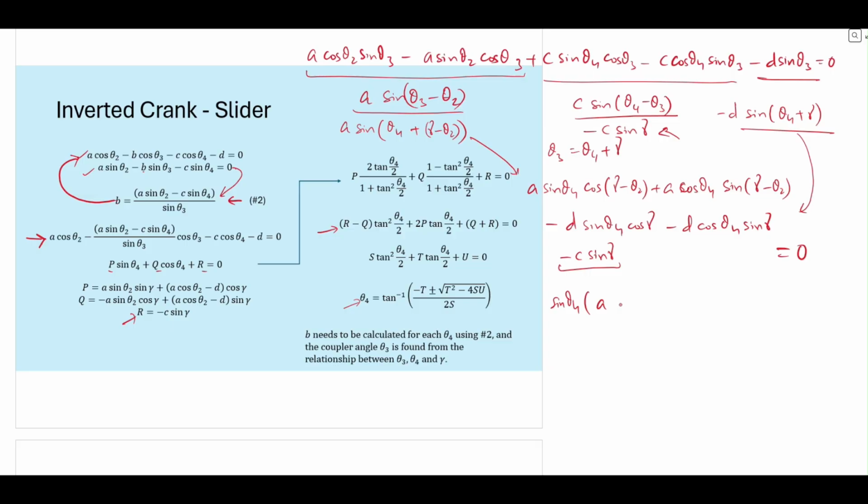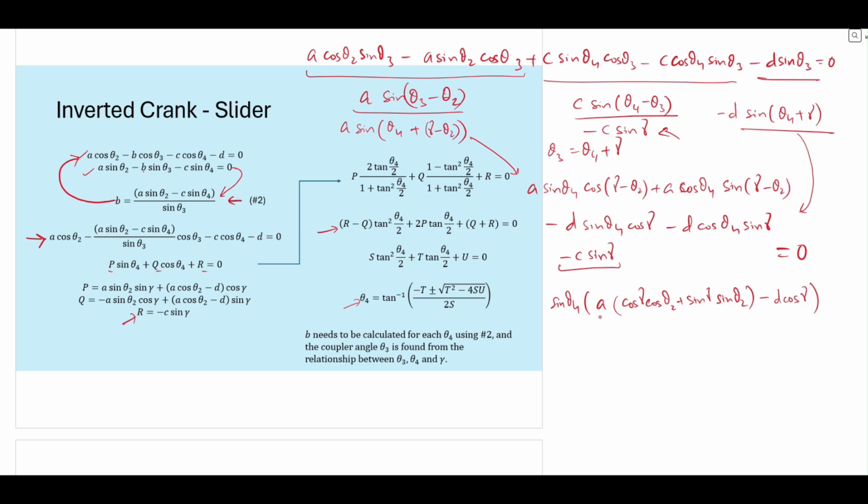you get a cos gamma cos theta 2 plus sine gamma sine theta 2, and minus d cos gamma as the term.